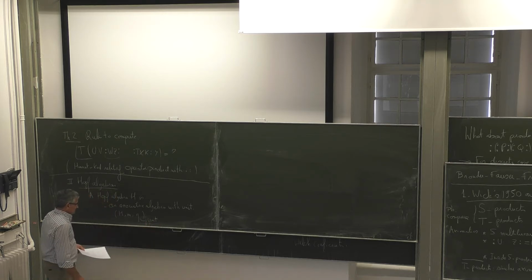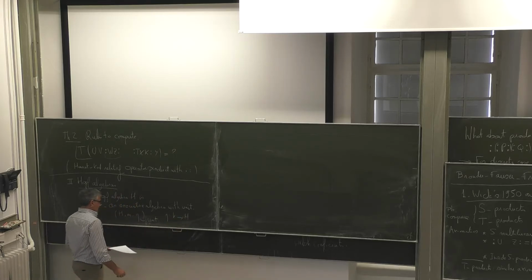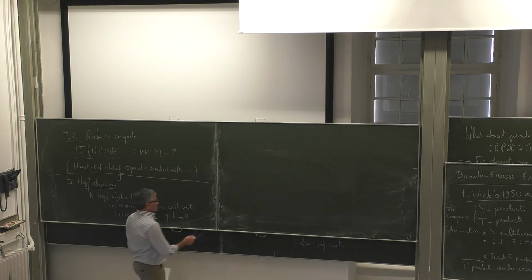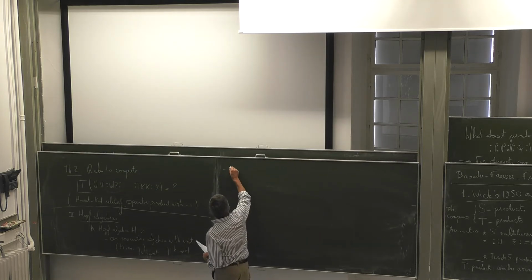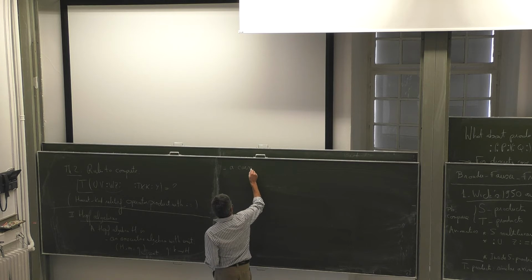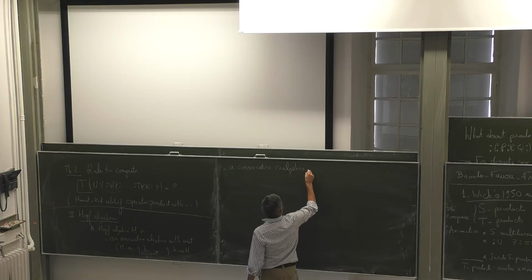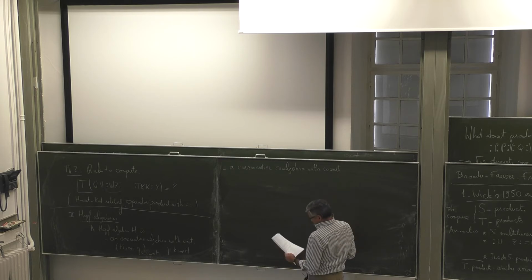In this framework, it's natural to view the unit as an algebra map from the ground field K to H, instead of as a particular element in H. Then it's also a co-associative coalgebra with co-unit. The co-unit I will write epsilon.